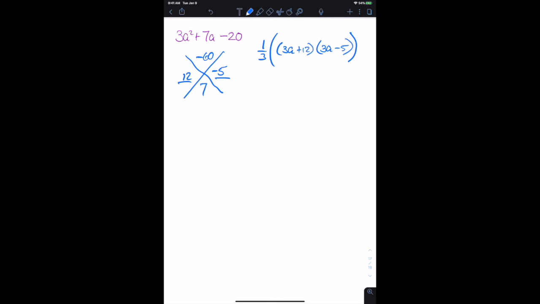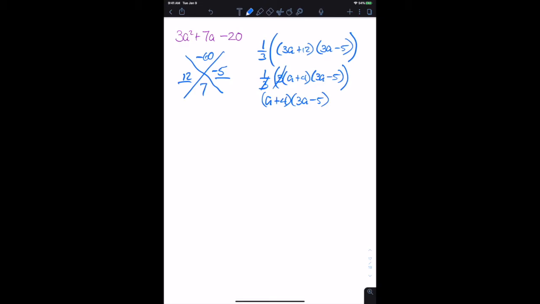Well, that first one has a 3 in both the terms. So we've got 3 times a plus 4. I can't get a greatest common factor other than 1 out of 3a minus 5, so we just copy it down. 3a minus 5. Now our tall parentheses and our reciprocal in front, and notice the reciprocal cancels with that 3 right there, and we're left with a plus 4 times 3a minus 5. And we're done. Did you get it?